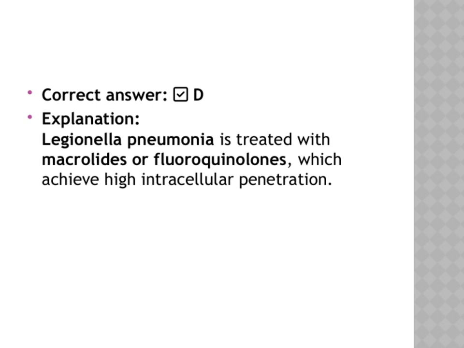By effectively reaching and working within the cells, these antibiotics are more capable of eradicating the infection. This point highlights the importance of selecting the right antibiotic class based on the pathogen's biology and how it behaves inside the body. It ties back to our overall theme of understanding targeted treatment strategies for specific infections.